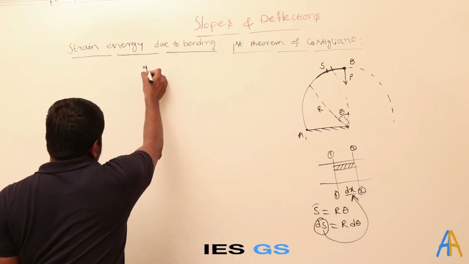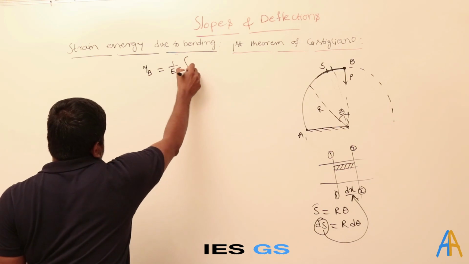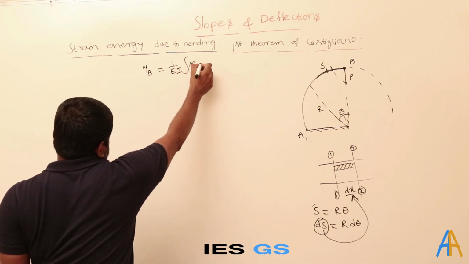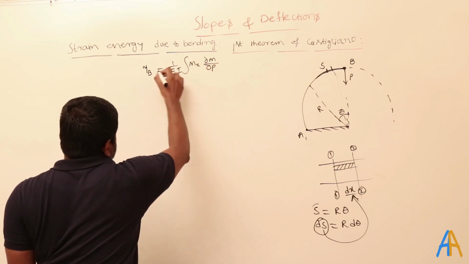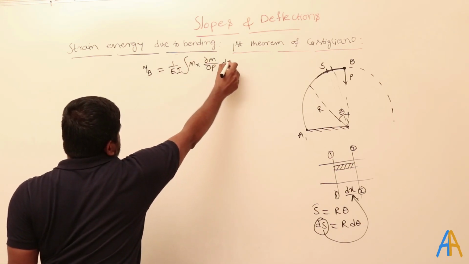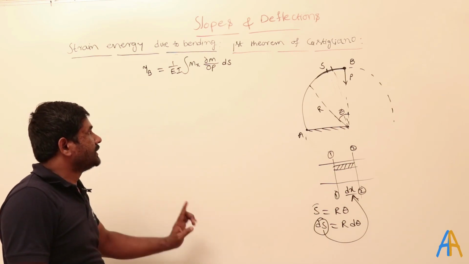If I want to find yB, then 1 by EI into the integral of Mx into dou M by dou P, at the point B, into ds. It is ds, not dx.